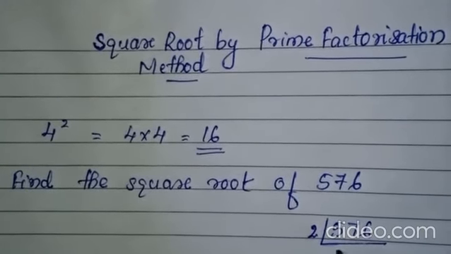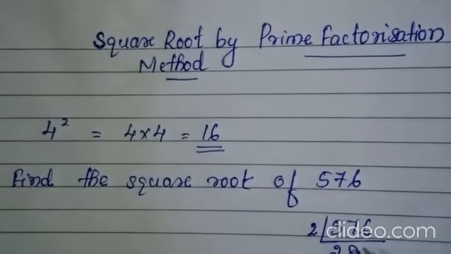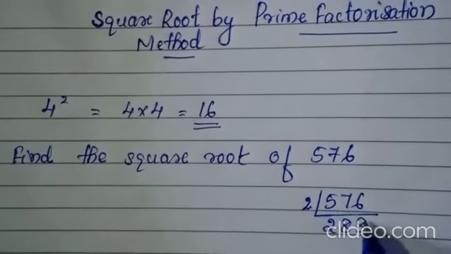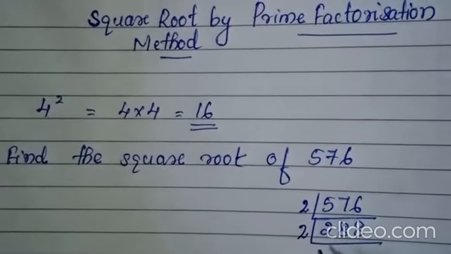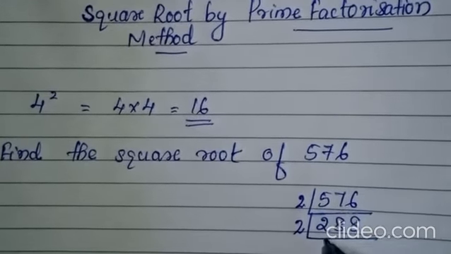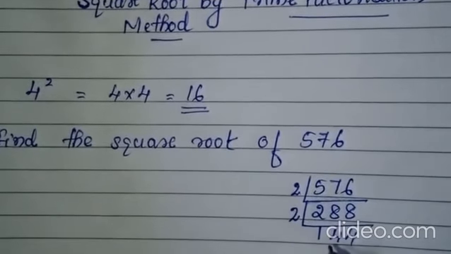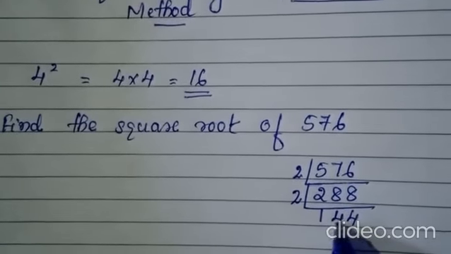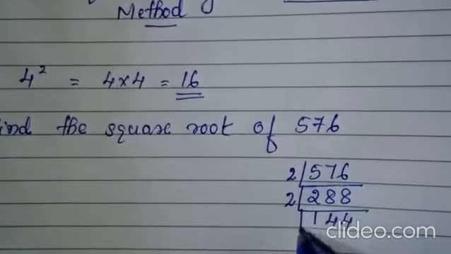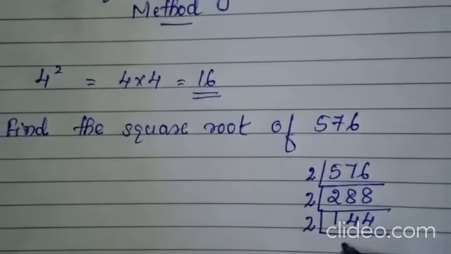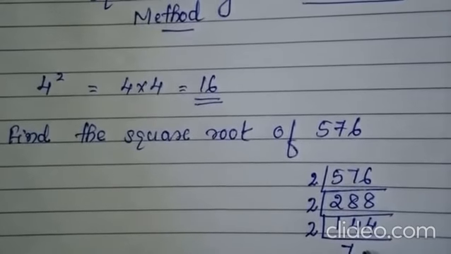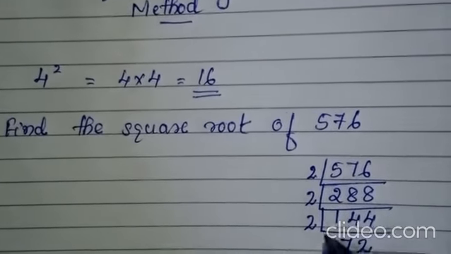So, we will get 2 2s are 4, 8 2s are 16, 1 carry over, 8. Again, we should do with prime number 2. Then we will get 144. 1 2s are 2, 4 2s are 8, 4 2s are 8. Again 2. Then we will get 72.